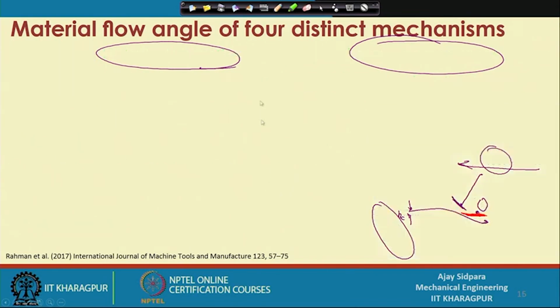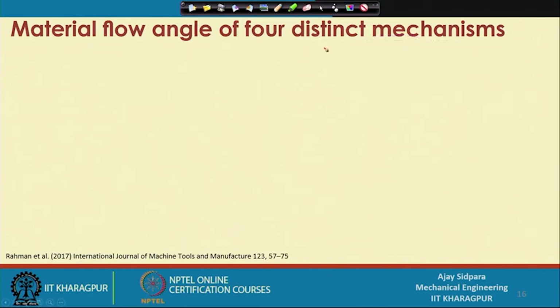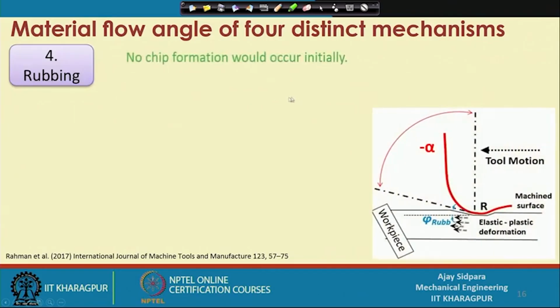So, this thing is also not important. Here, suppose in some extreme cases there is no chip formation initially.